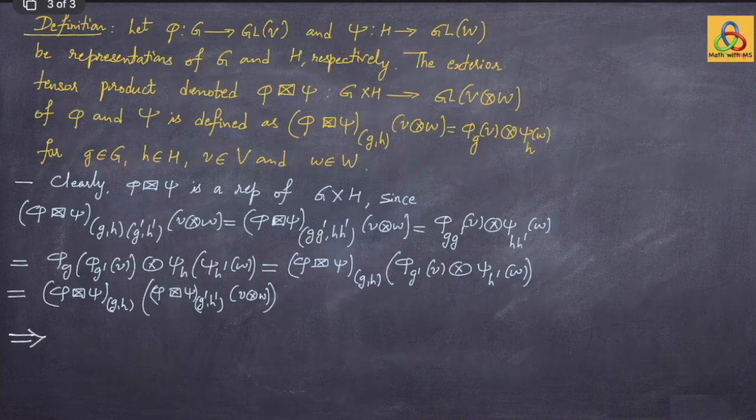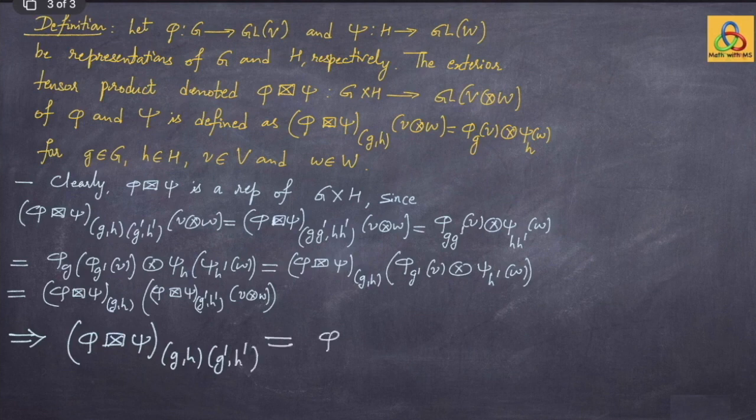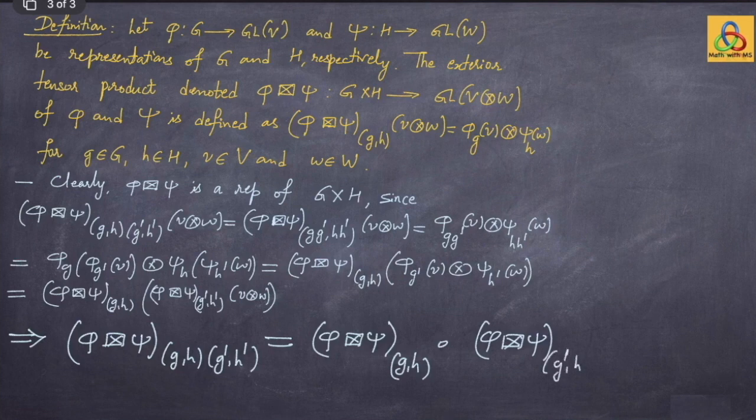This implies that phi exterior tensor psi of the product of two elements in G times H, namely (g,h) into (g',h'), is the same as phi exterior tensor psi acting on (g,h) precomposed with phi exterior tensor psi of (g',h'). Thus, the exterior product of two representations is again a representation.